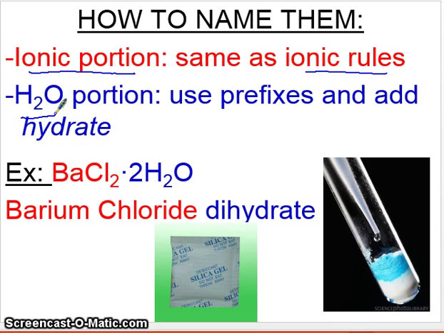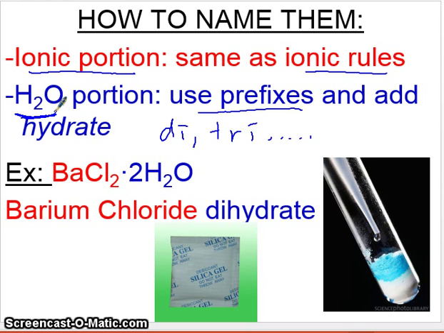And for the water portion, you would use prefixes from your covalent naming. So the di, the tri, the tetra, these prefixes that we learned about. So essentially, you're combining the ionic and the covalent portion together. Because water, remember, is a covalent compound. So we have to use, you can say, covalent rules for it.